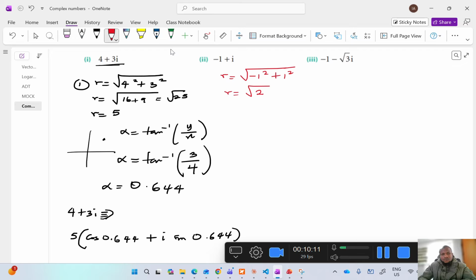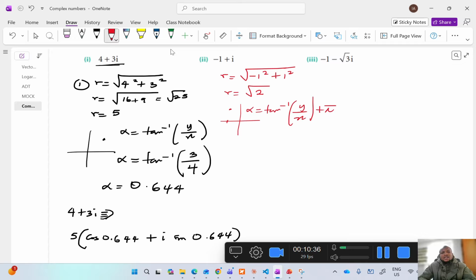Now, the next thing is to find the principal argument. If you take a look at minus 1 plus i, sketch to see the quadrant it exists in. X is negative, y is positive, which means it exists in the second quadrant. In the second quadrant, alpha is equal to arctan of y over x plus pi.